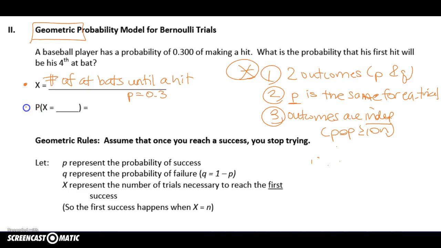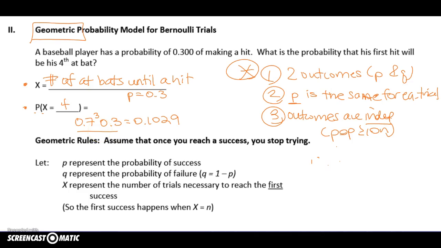Going back to our probability distribution notation, we're going to say here the probability that the number of at-bats until we get a hit is 4, because that's the question that we're trying to answer. That means that in his first 3 at-bats, he doesn't have a hit, doesn't have a hit, doesn't have a hit, so in other words 0.7 times 0.7 times 0.7 times 0.3 is going to give us our probability of 0.1029. We have done this before.